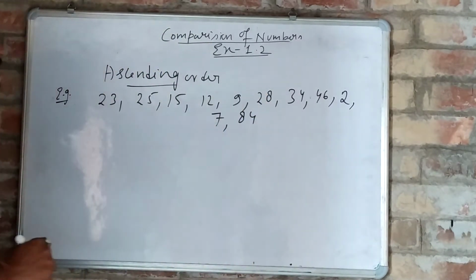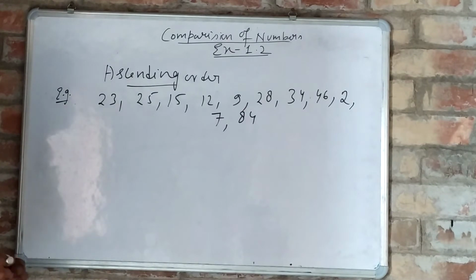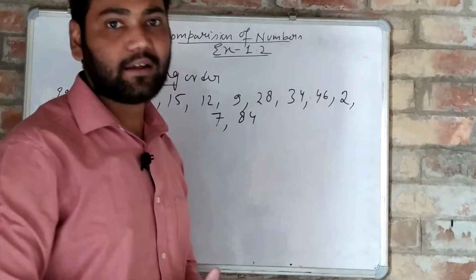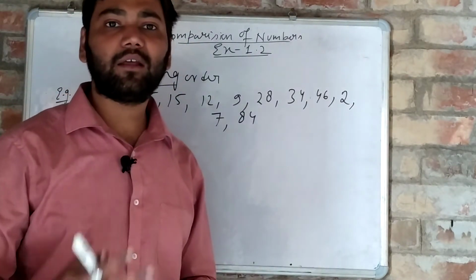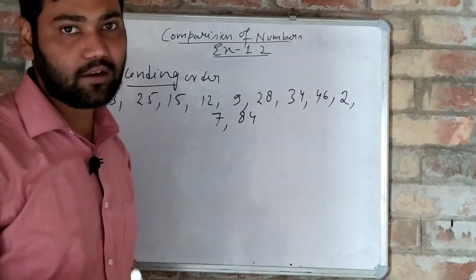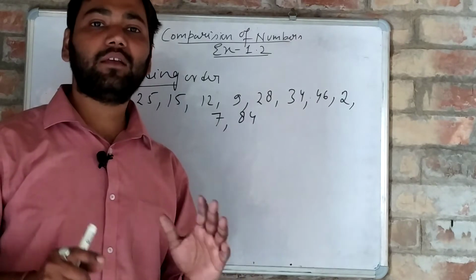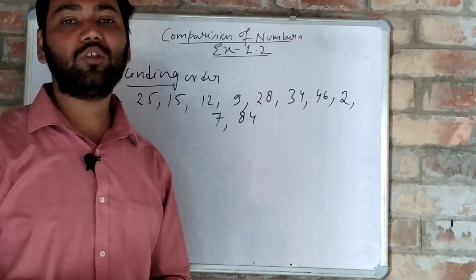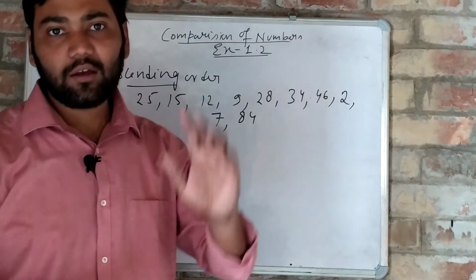These numbers are the data given in a question, and the question asks us to arrange it in ascending order. Ascending order means from smaller to greater.